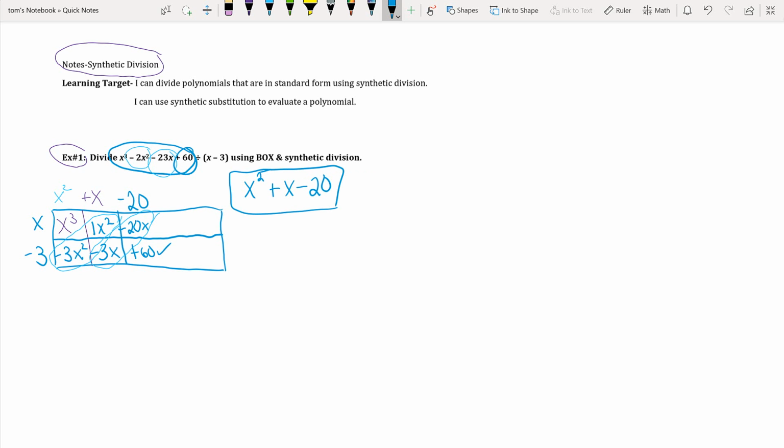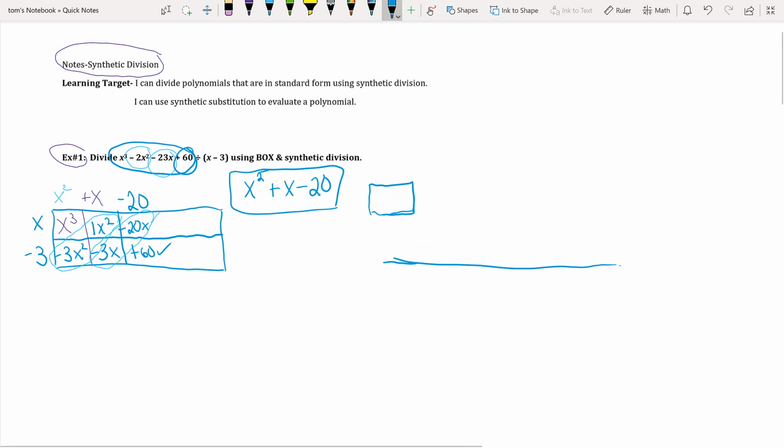It's important to know this other method, synthetic division. With synthetic division, we're going to get the same answer. It's a slightly different process. So go ahead and draw one horizontal line, and draw a little box right here.